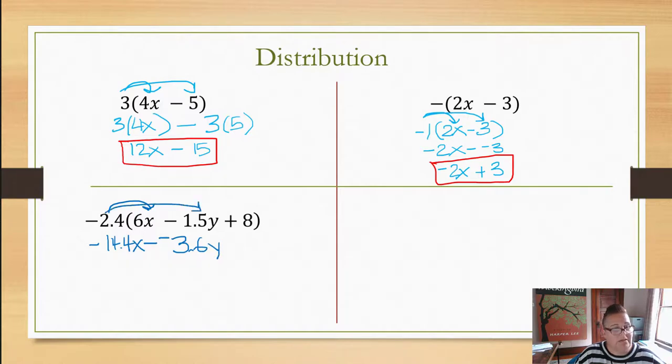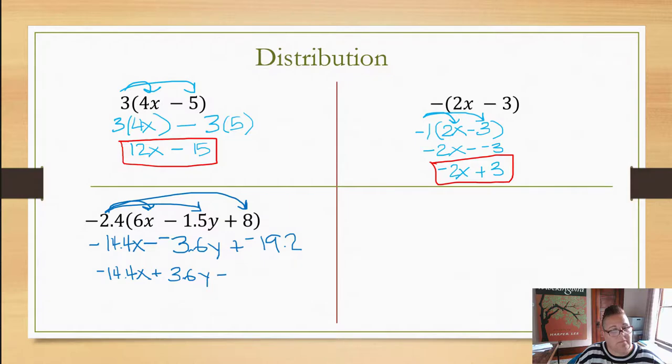Then I'm going to do a negative 2.4 times 8. Because this parentheses had 3 different terms in it, I need to multiply by all those terms. Negative 2.4 times 8 is a negative 19.2. And now I'm going to check all my signs. So I'm going to have a negative 14.4x minus a minus is a plus 3.6y.